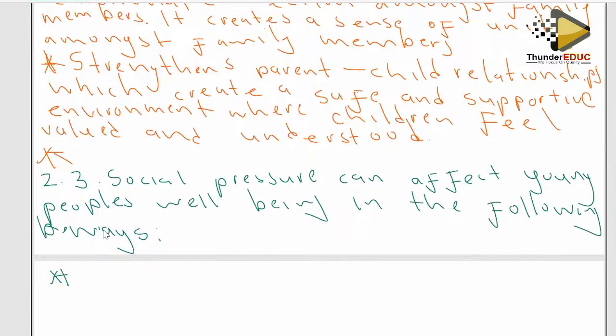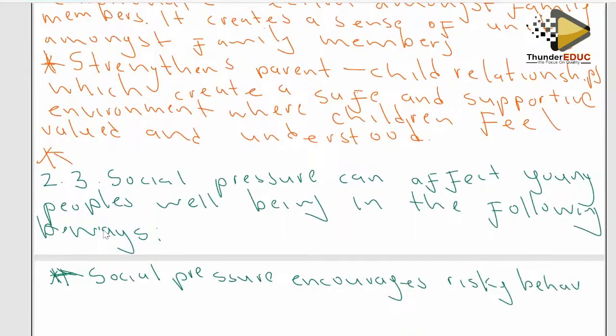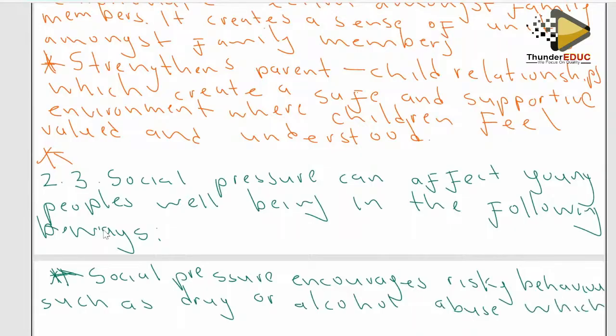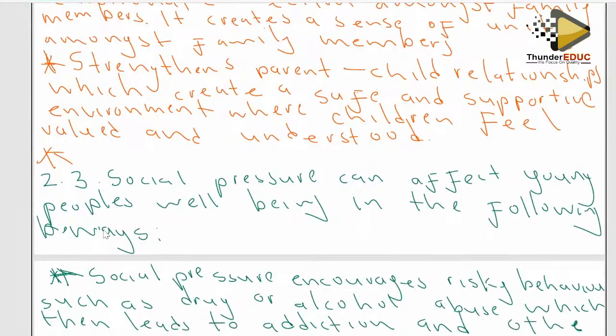So the first way which we are going to discuss is social pressure encourages risky behavior, such as drug or alcohol abuse, which then leads to addiction and other health-related problems.